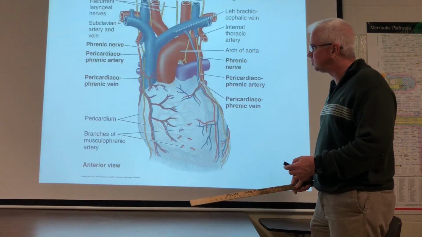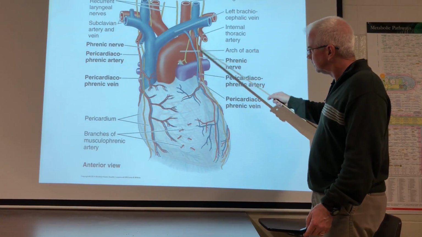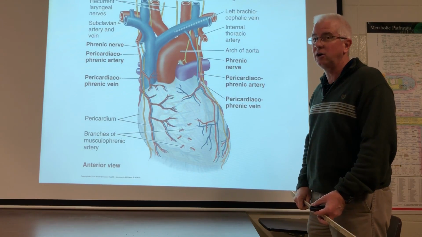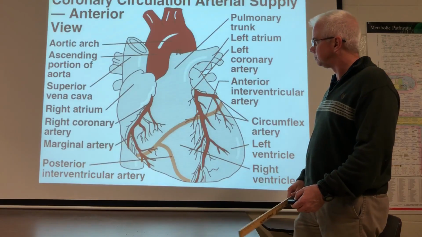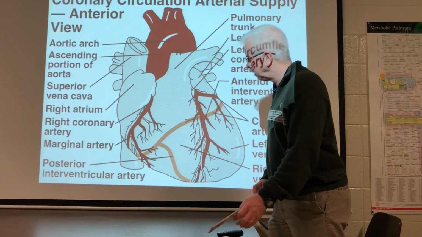So something that I mentioned to you earlier, and I want you to see it with your own eyes, it is caused by the distribution of sensory fibers into the heart by way of the phrenic nerve. Okay, last thing then, the blood flow to the heart and the heart anatomy.